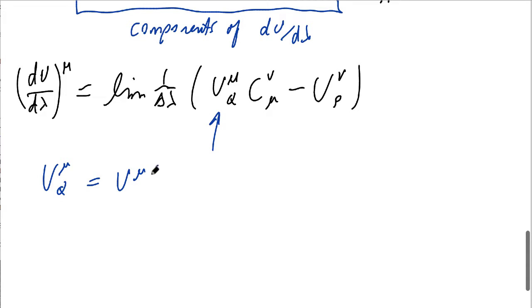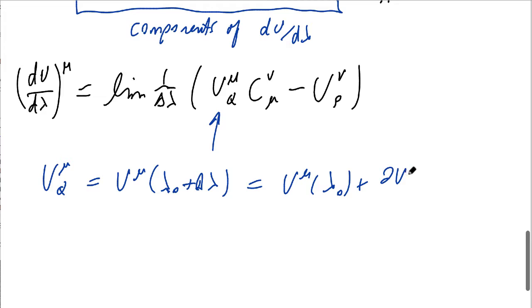These were just the components of the vector field at the point with parameter value λ0 plus Δλ. Since we'll be taking the limit as Δλ goes to 0, we can expand that into a Taylor series. This is V^μ at λ0 plus the derivative of V^μ with respect to λ at λ0 times Δλ, and then higher order terms that will drop since we're taking the limit as Δλ goes to 0.